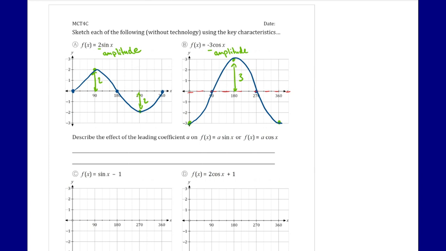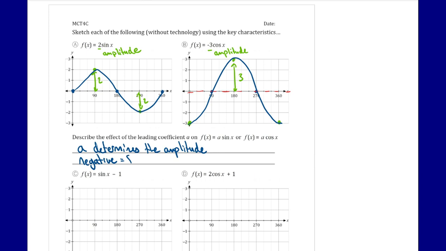So how does this A value, this leading coefficient, affect these two functions? Well, A determines the amplitude, which is the distance from the midline to the max or the midline to the minimum. Keep in mind as well, if it is negative, it is flipped.